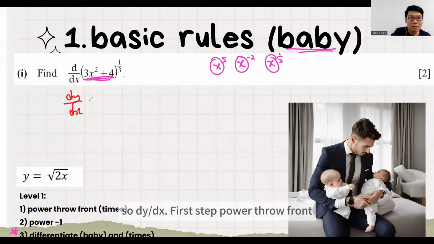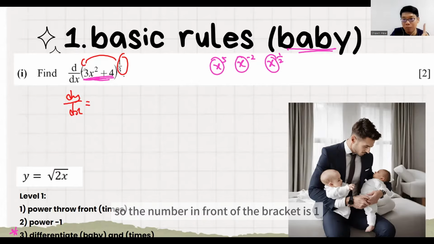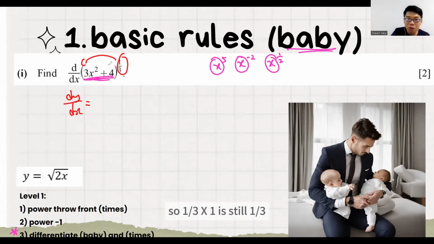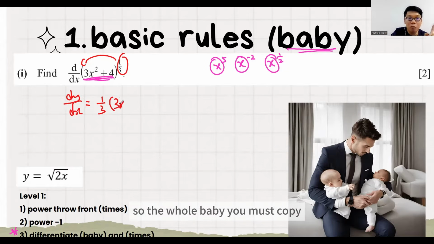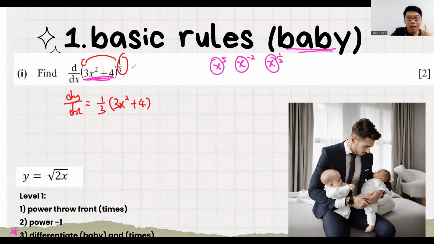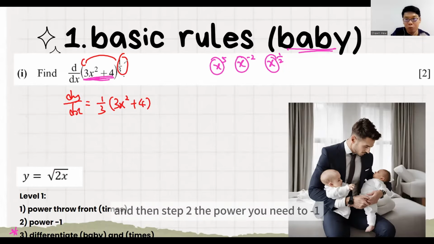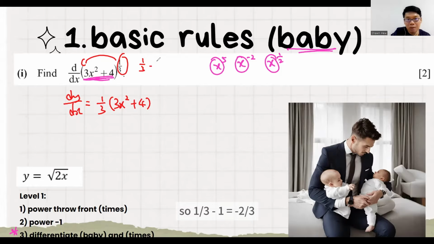So dy/dx, okay, first step, power throw front. So the number in front of the bracket is 1 over 3. So 1 over 3 times 1 is still 1 over 3. Then whenever you involve baby situation, so the whole baby you must copy. And then step 2, the power you need to minus 1. So 1 over 3 minus 1 is negative 2 over 3.